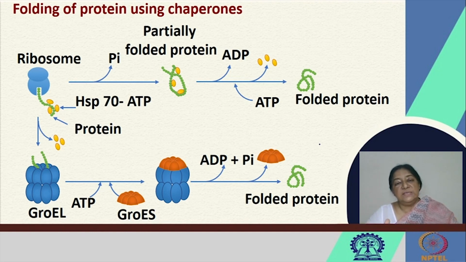Now, to prevent any hydrophobic patches coming together, we know that a hydrophobic core is formed, but we also know that there is a specific structural integrity to the protein, and it is not a random hydrophobic patch that is going to interact with each other. So the hydrophobic patches in the partially folded protein may interact in a manner that results in a misfolded protein.